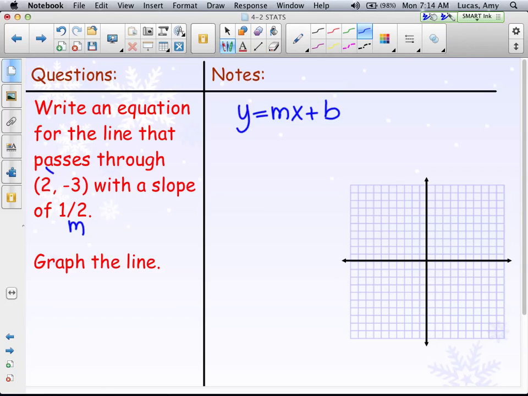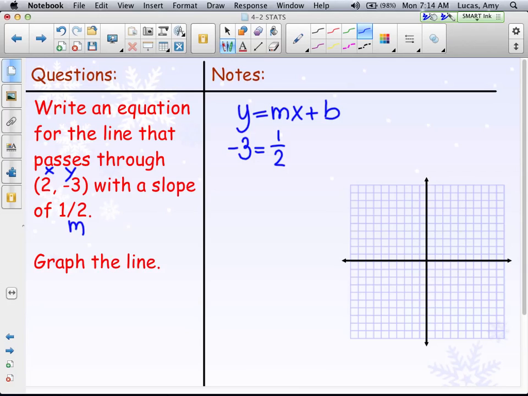So I am going to use the x and y coordinates from that point in my slope-intercept form equation, and I am going to figure out what my intercept is. So here's what I'm talking about. My y coordinate is -3, so I can replace the y with -3. My slope is 1/2, so I replace m with 1/2.